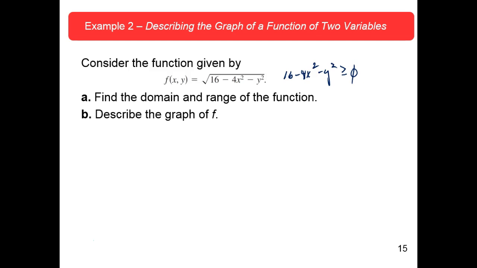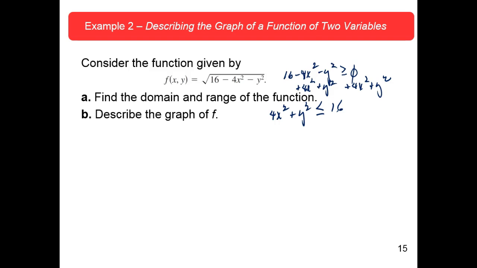Now let's take that inequality and fiddle around with it a little bit, and you tell me if I'm doing something wrong. I'm going to add 4x squared and y squared to both sides. That gives me, flipping it around, 4x squared plus y squared has to be less than or equal to 16.